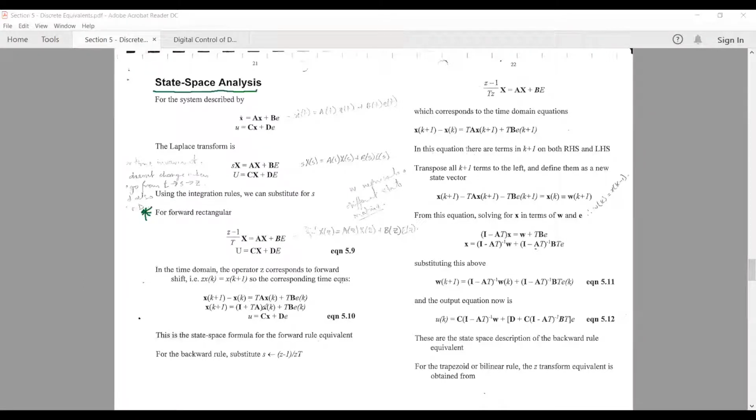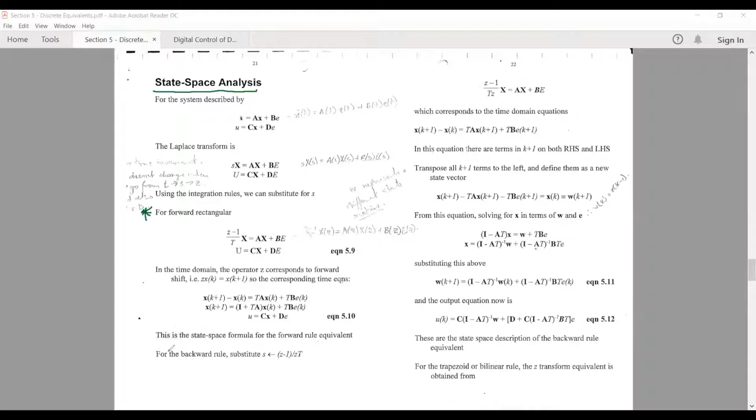We get in a simplified form, I, which is identity, plus T times A, times x of k, plus T times B times e of k, and u will remain the same. Over here u is u of k, so u is equal to C times x plus D times e. So this is the state space formula for the forward rule equivalent.